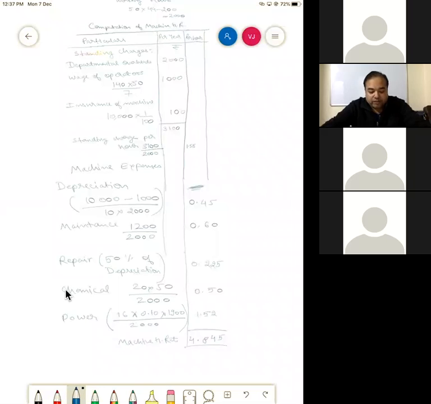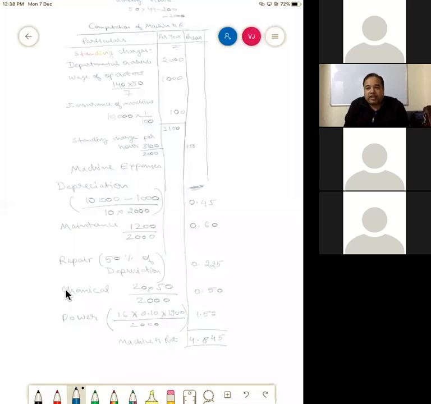That's all for today. Then in next class, we will start with cost sheet. Now in cost sheet, we derive the total cost of the product, and in that we come to know what is prime cost. Prime cost includes direct material, direct labor, and direct expenses.